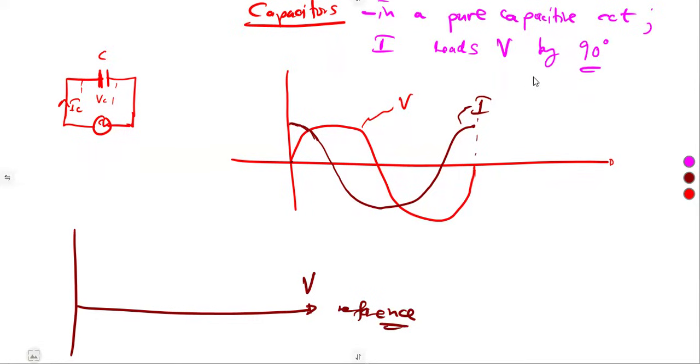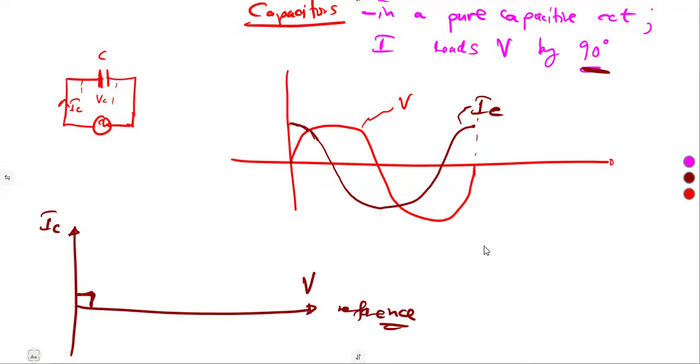Remember the current leads. This is the current of the capacitor. It leads by 90 degrees. To lead, you are supposed to be in the first quadrant, up to 90 degrees there. So we are going to have our IC this side, leading by 90 degrees.